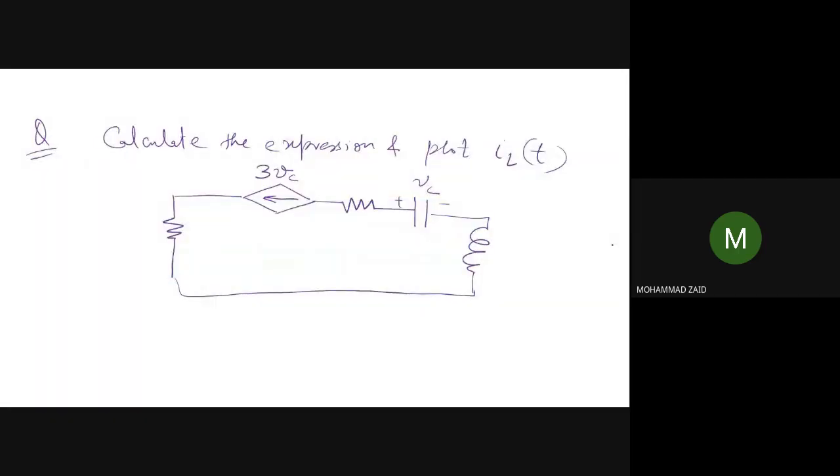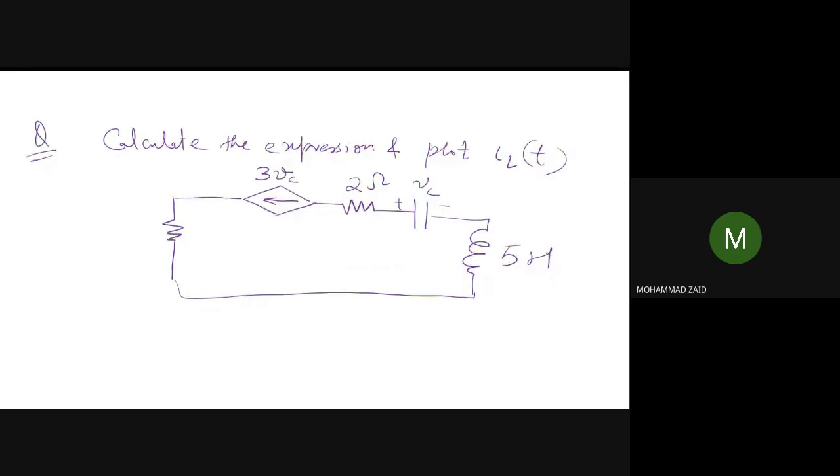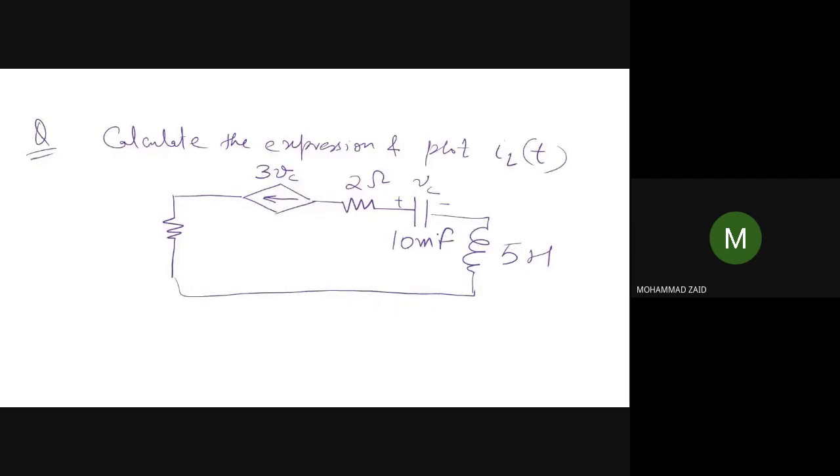It has a value of 2 ohm, and it has a value of 5 Henry, and this is 10 millifarad, and this is 2 ohm. So the correct answer is minus 30 e to the power minus 300t ampere for t greater than 0.